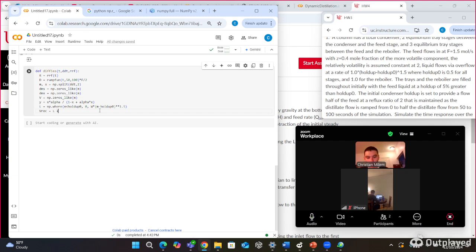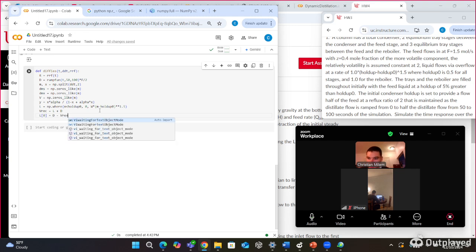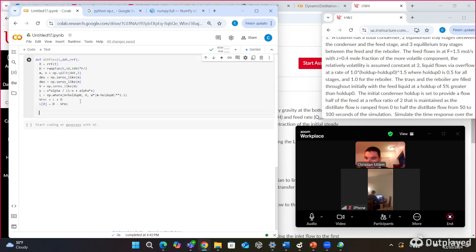So it would be L plus distillate. L from our distillate is going to equal V rec. Where do we go from here?